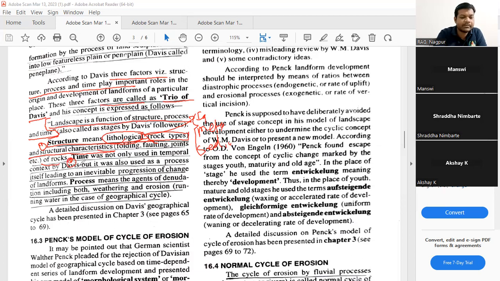Second thing is time. Time was not only used in a temporal context but also as a process itself. As time goes by, as we famously say, time is very powerful.